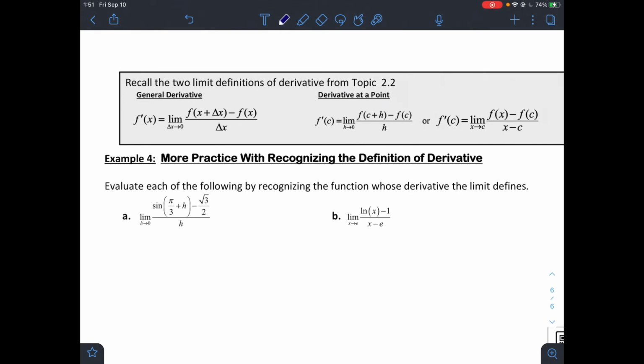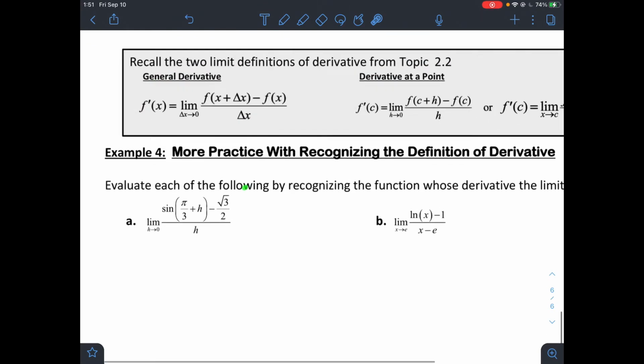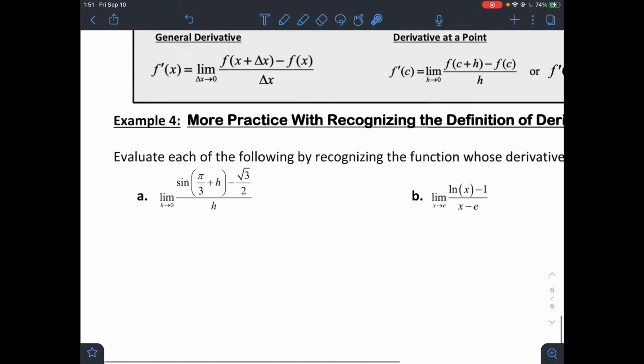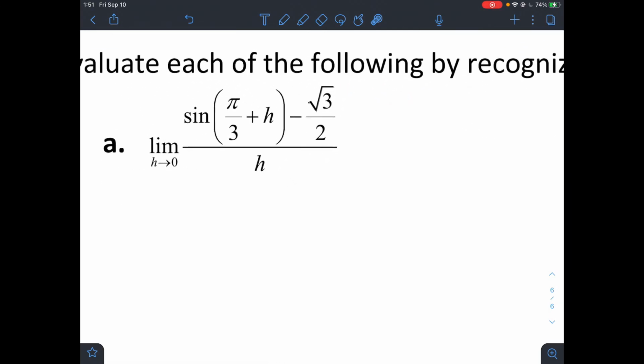All right, so using a couple of these derivative rules, we're going to go back to our limit definition of derivative and practice recognizing some of these. So remember our general derivative and our derivative at a point rules here. We're being asked to evaluate this whole expression, which looks really daunting.